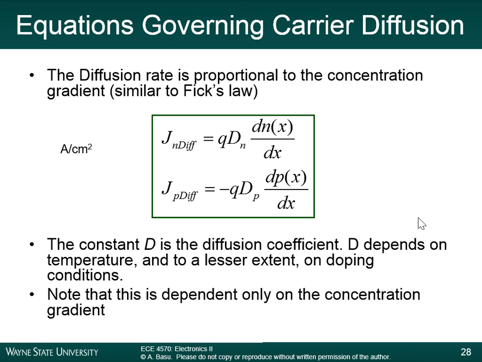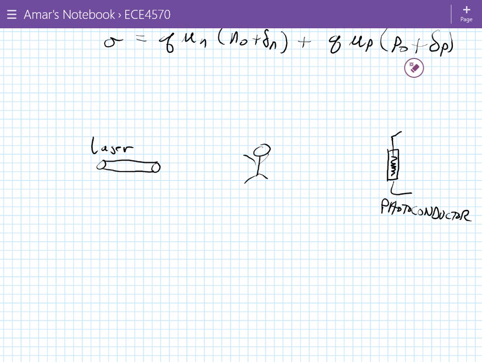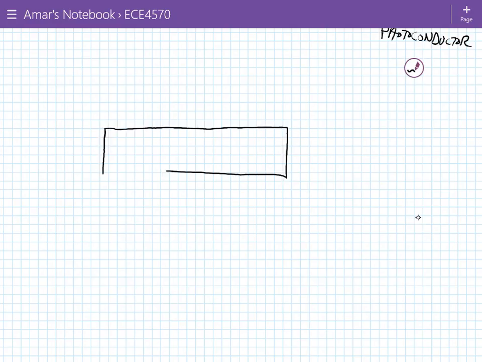So for example, the example that we always like to show, just because it's the most intuitive, looks something like this. Let's say we have a piece of semiconductor, call it silicon, and we have a mask here.